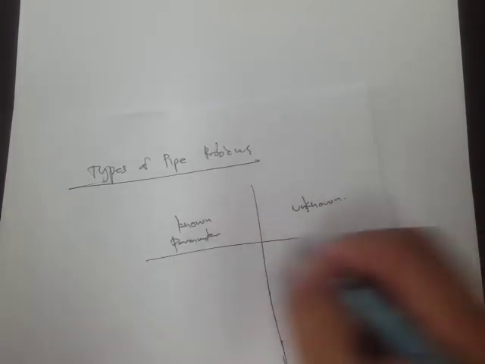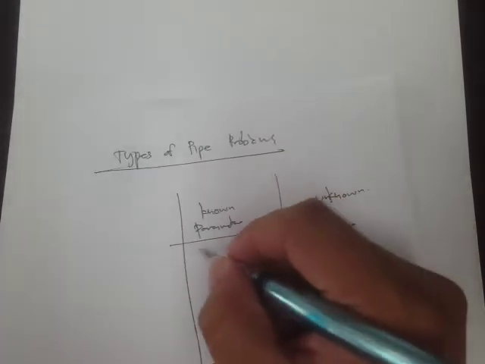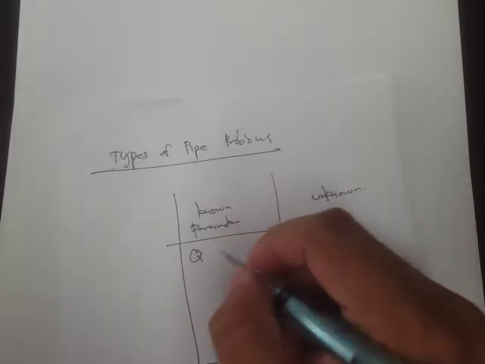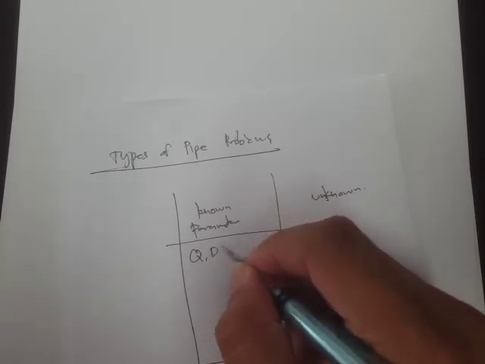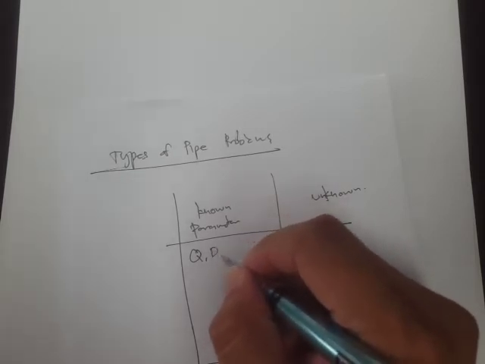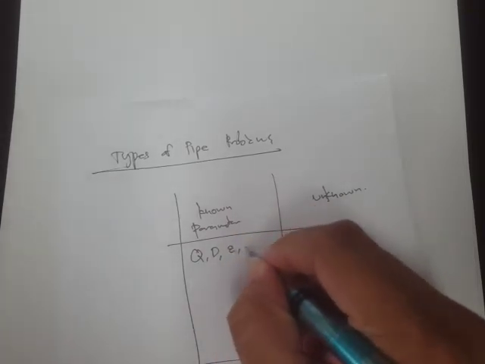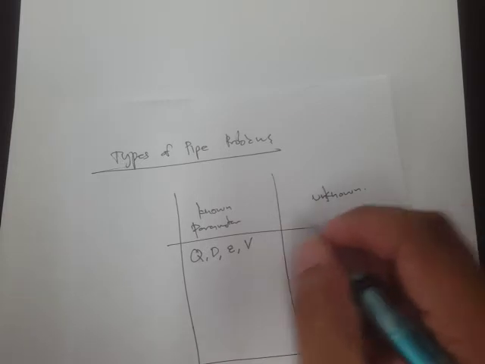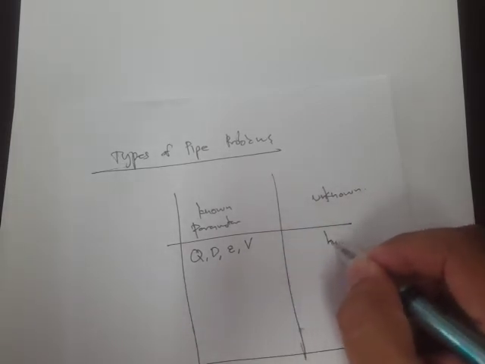Okay, so we can have a problem where the known parameters are Q, that's the flow rate, the diameter, and also the relative roughness and the velocity. And what's unknown is the head loss.